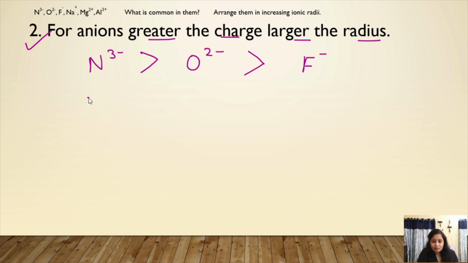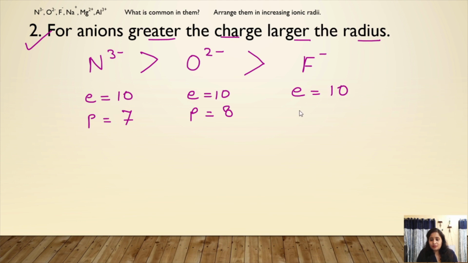Now we know the number of electrons in case of nitrogen ion is 10, and the number of protons will be 7, that is the plus charge. In case of oxygen, number of electrons 10, number of protons will be 8, because in the parent the number of protons is 8. In case of fluoride ion, number of electrons 10 and number of protons will be 9.